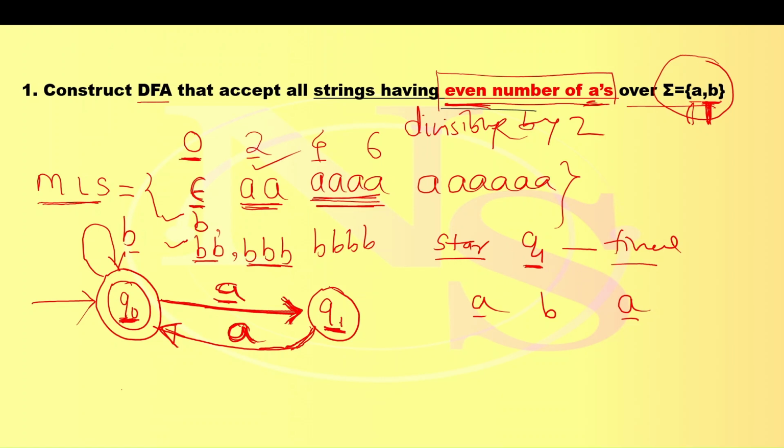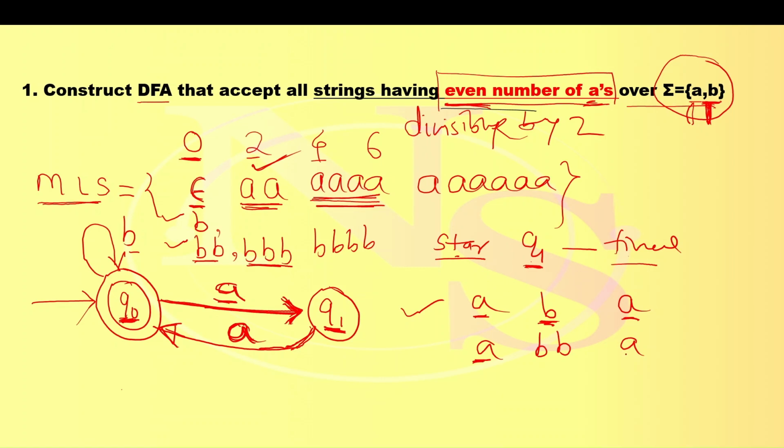In between, Q1 is trying to find a solution for a single B. Tell me one thing, the string A, B, A, is this a valid string? How many A's are there? 2 A's. So 2 is an even number, so this is a valid string. So Q1 is looking for a single B transition or double B. Suppose in between these 2 A's, from the starting state to Q1 and Q1 to the final state, two B's are coming. Is this a valid string?